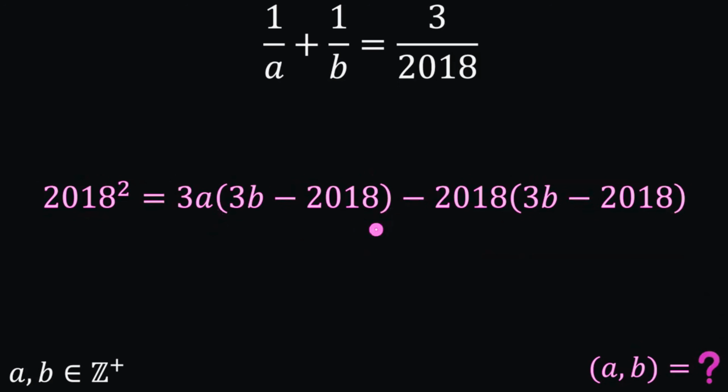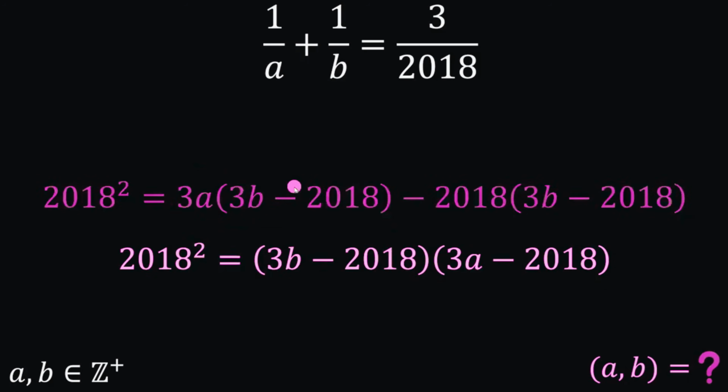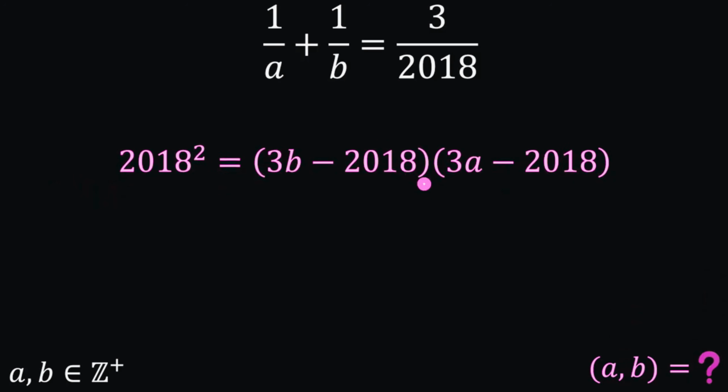And now, why not factor out the common factor 3b minus 2018? So we have 3b minus 2018 multiplied by 3a minus 2018. Therefore, the right-hand side of our equation is just 3b minus 2018 multiplied by 3a minus 2018. And notice that we have almost the same thing.